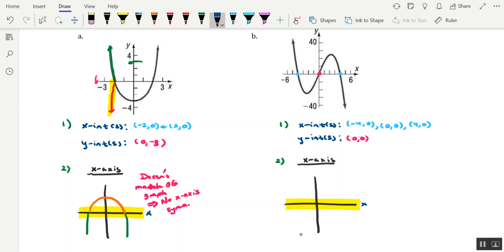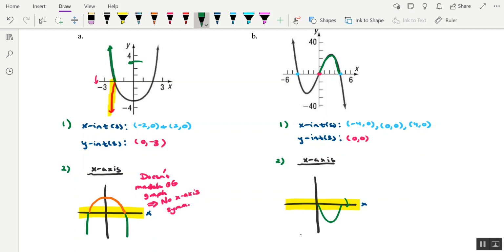If we examine the part of the graph that's in quadrant 1 and reflect that across the x-axis, that hill turns into a little valley, which would not line up with any part of the original version of the graph other than the intercepts.